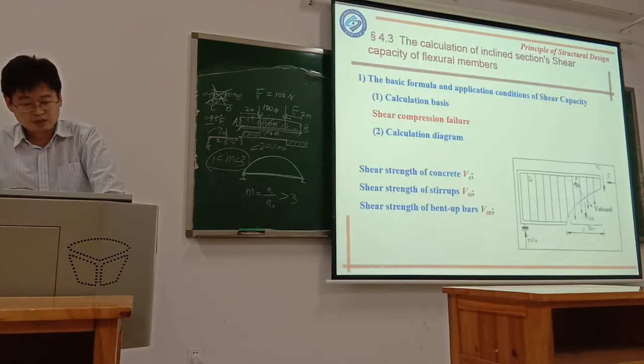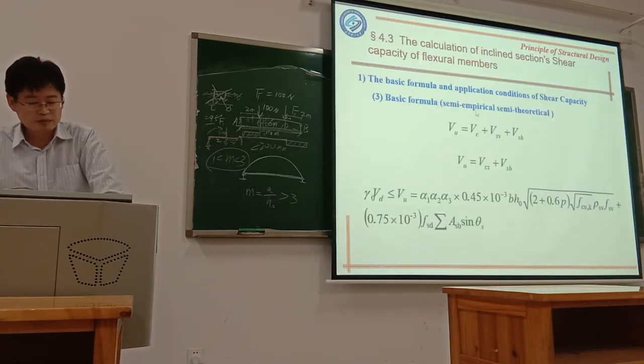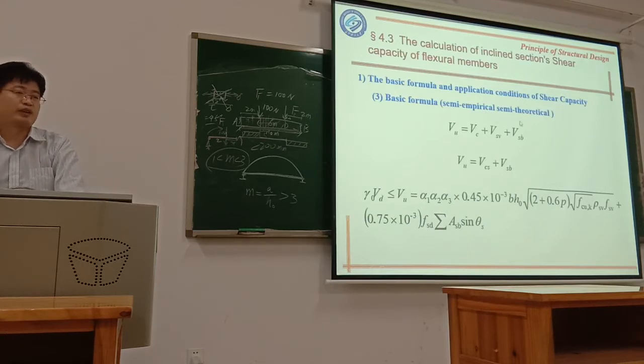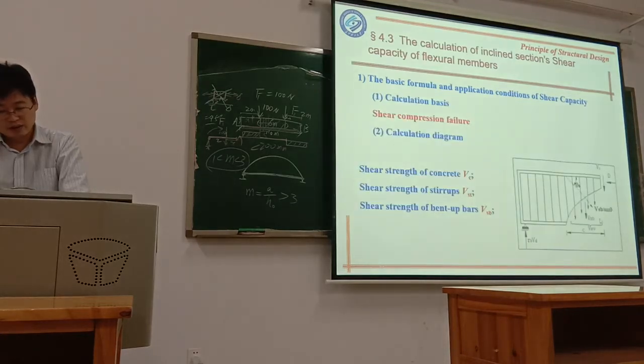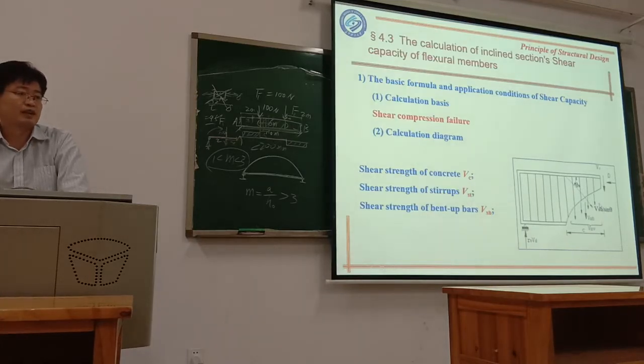So here it's semi-empirical and semi-theory. We just keep VC, VSV, VSB here. VSV is the force resisted by the stirrup, and VSB is the force resisted by the bent-up reinforcement. These 3 parts resist the shear force.